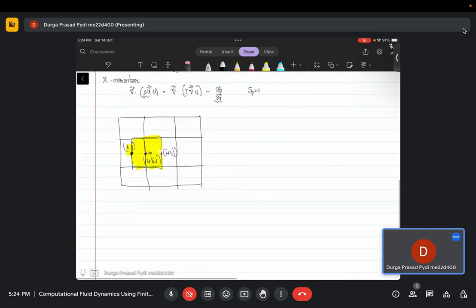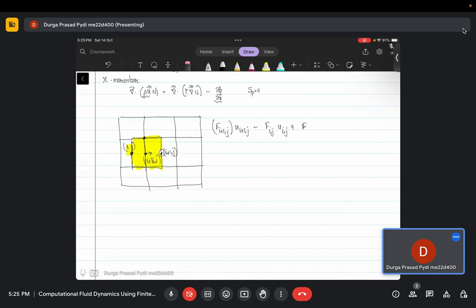When you are writing the discrete equation, F east is F_{i+1,j} times u east, which is u_{i+1,j}, minus F west, which is F_{i,j} times u_{i,j}, plus the north and south terms. How do I get north here? What will be the index notation?